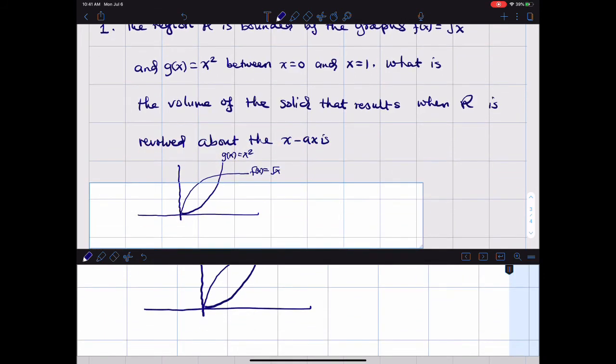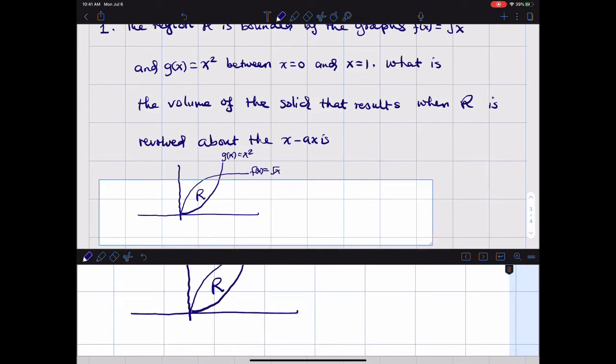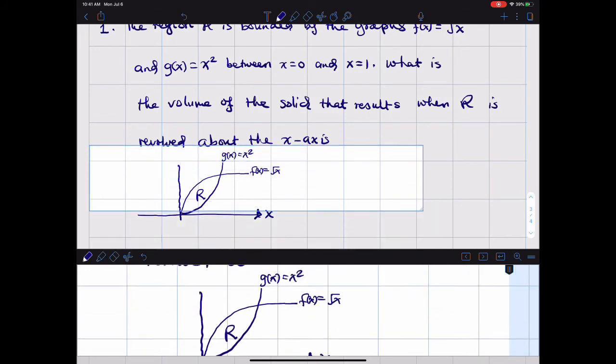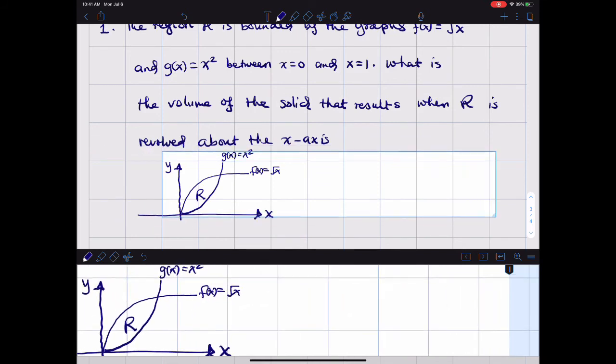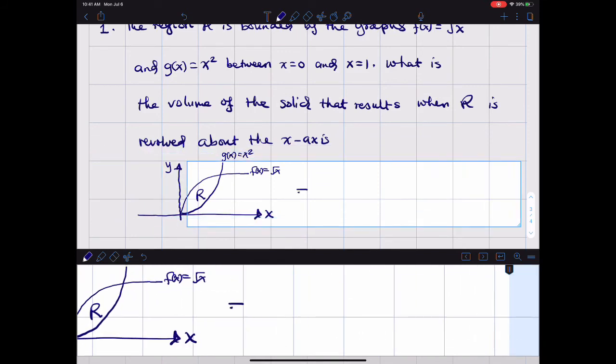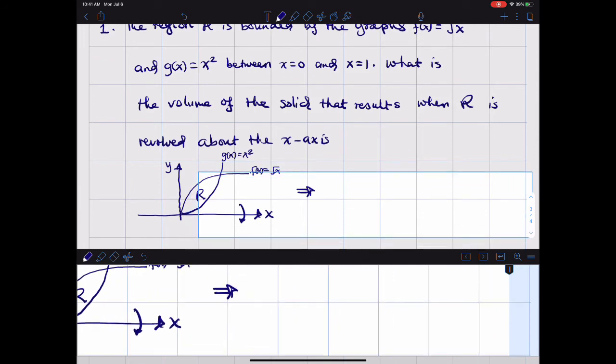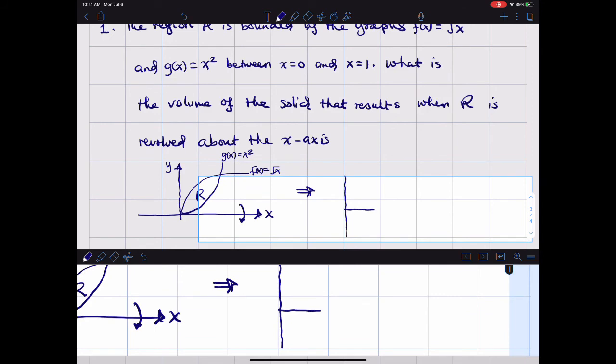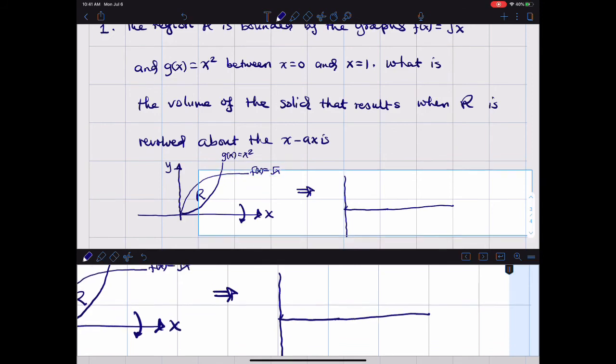And you have this region R. And then you're rotating this region about the x-axis. Okay? So what do you get if you rotate about the x-axis? You will get something like this.